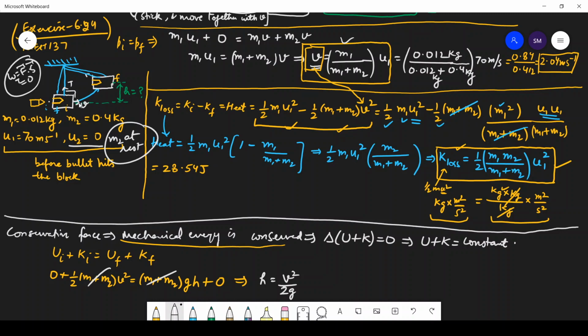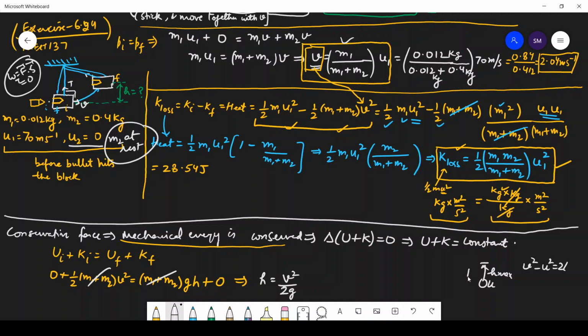So if you throw a ball upwards with initial velocity u and it reaches the maximum height h, then you use the formula to find h: v square minus u square is equal to 2gh, right?